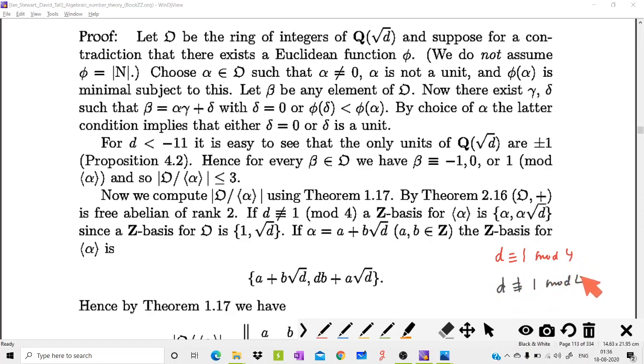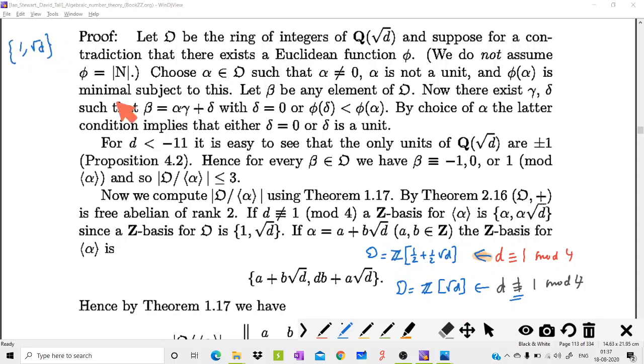If D is congruent to 1 mod 4, the ring of integers of Q of root d is Z of 1 by 2 plus 1 by 2 root d. Otherwise, the ring of integers O is Z of root d. If D is not congruent to 1 mod 4, we can easily get the basis of O as 1 comma root d. So these are the bases.